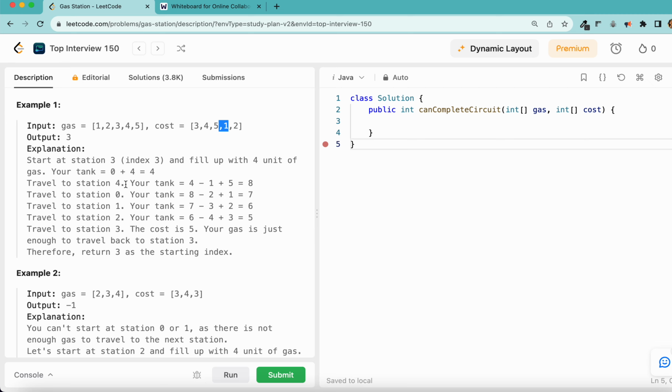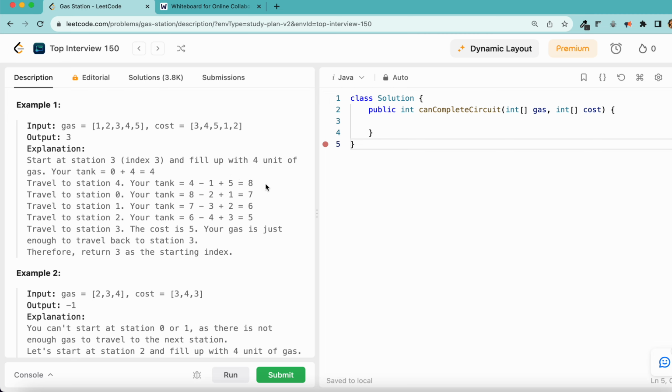So traveling from the 3rd station to the 4th station, you have 4 units in the tank. It will cost you this much to move, so we are deducting that, and since we land up in this fourth station, we are adding 5 to it, so now it becomes 8.